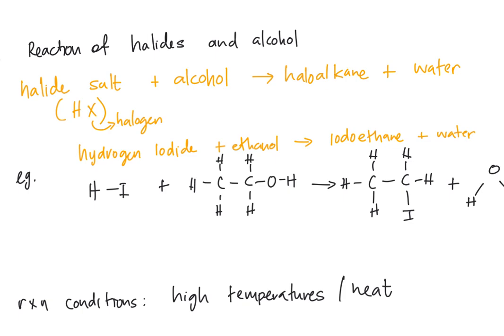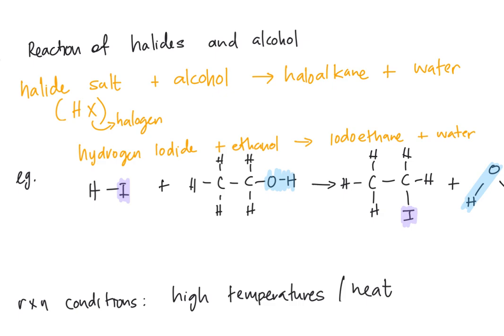So if I have a look at it, I can say that my iodine from the halide salt ends up being part of the haloalkane. I can then say that the OH that's part of the alcohol then contributes to an OH that's now the water.